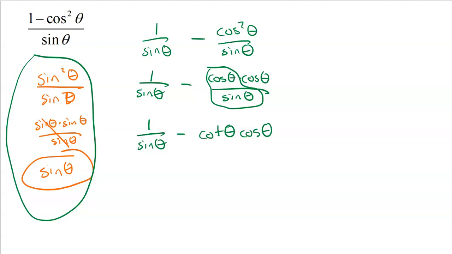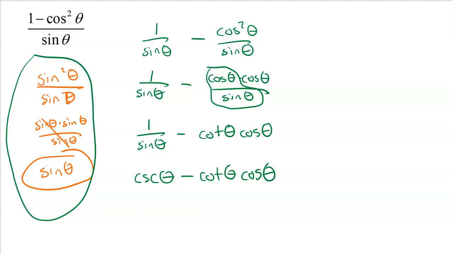So I could just take one of those cosines with the sine and get a cotangent. Okay, I'm slowly getting somewhere. I'm not really getting anywhere fast. It's obviously not as easy as my work over there in the orange, but I'm slowly getting somewhere. 1 over sine is cosecant.